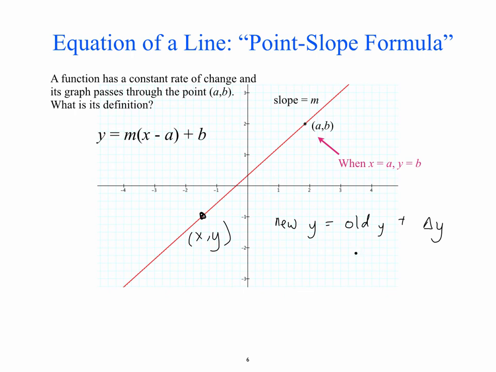Does that make sense? So in this case, my new y value is just y. My old y value was b. And then how do I get a change in y if I'm in a constant rate of change relationship?